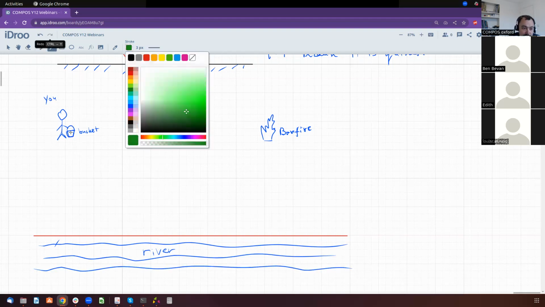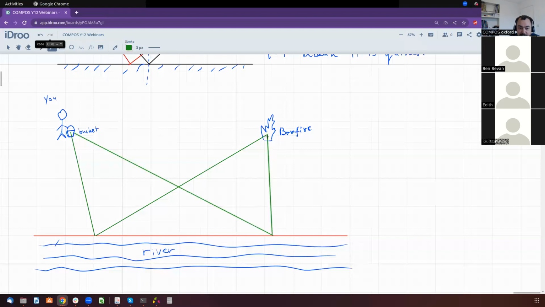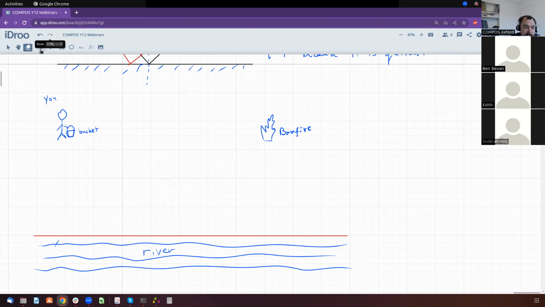So you can run like this, for example, and then like this, or you can run like this, and then like this. It turns out that the quickest way, well, as long as you, there is an issue here, but we'll talk about the issue later. It will be quickest if this angle of incidence is equal to the angle of reflection.